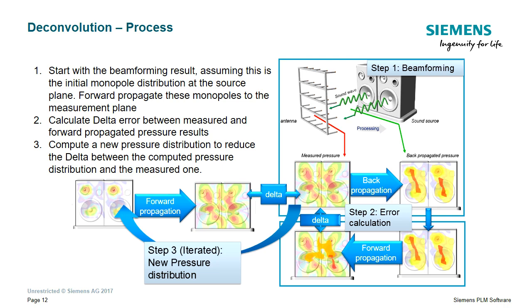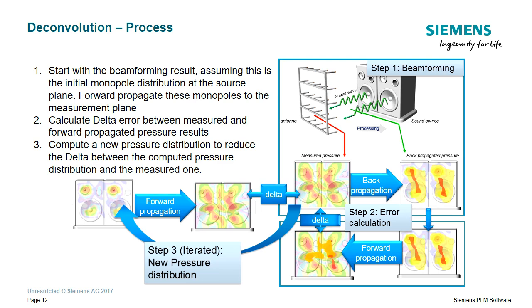So that's what you see, I followed now the pictures. I'm now at the bottom right picture where we forward propagate these monopoles to our measurement array. And then we compare what we analytically calculate that they should make with what we really measure.